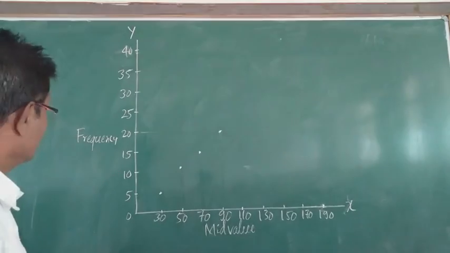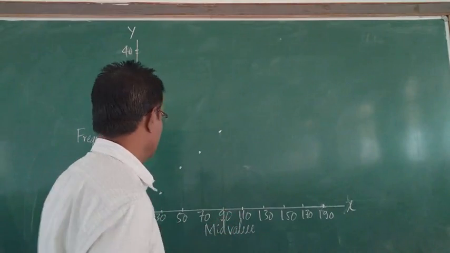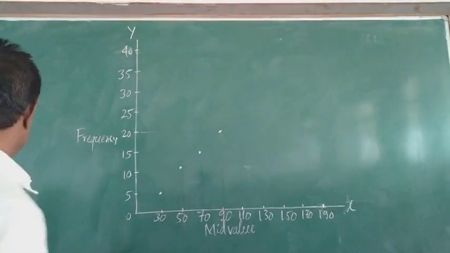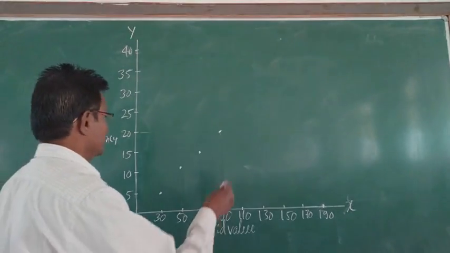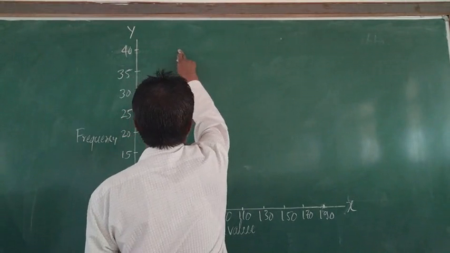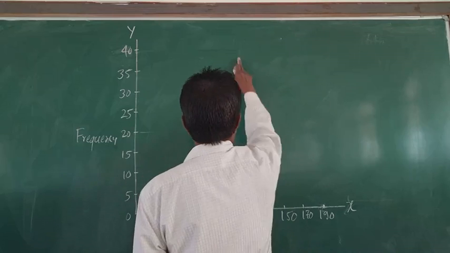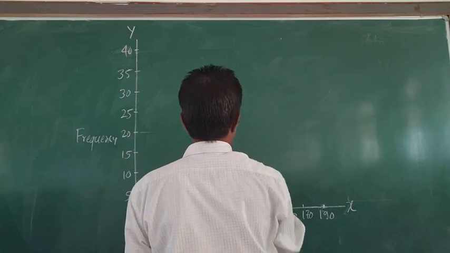Next, for 110 mid value the corresponding frequency is 40. So 40 is the frequency for 110 mid value.